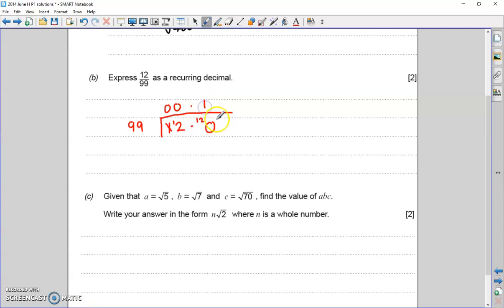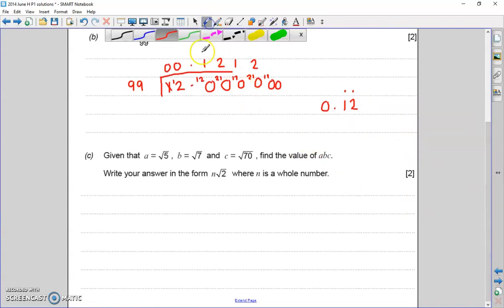It goes in once, remainder 21. 99 goes into 210 twice, remainder 12. Once, remainder 21, twice, remainder 12. And what you'll start to see now then is the repeating pattern of 0.1212. So it's written like that as a recurring decimal.